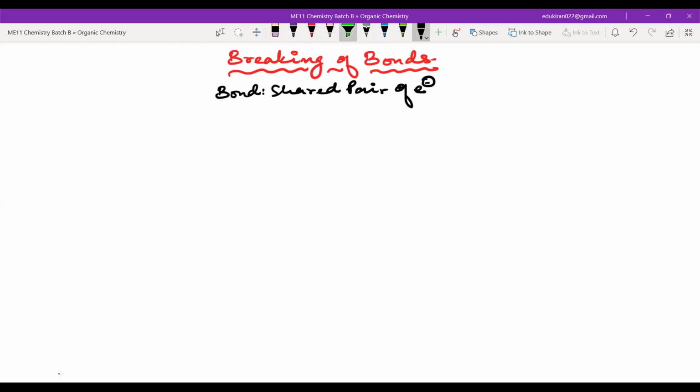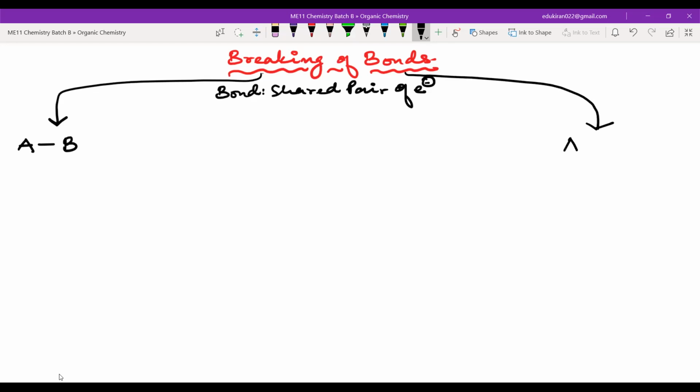Now the breaking of bond, it can happen, let us say, we have A, which is attached to B, okay? And then we can say A and B, okay?